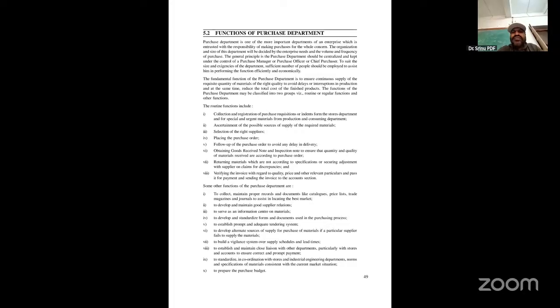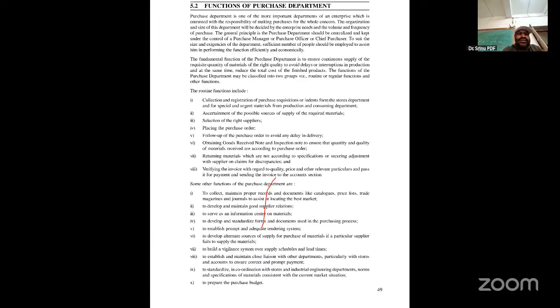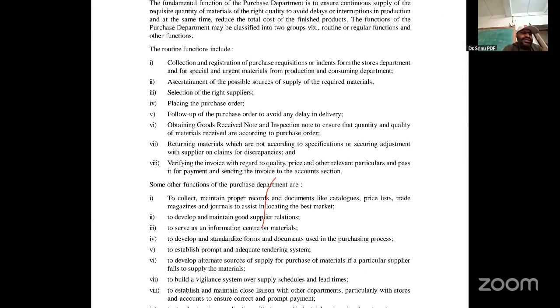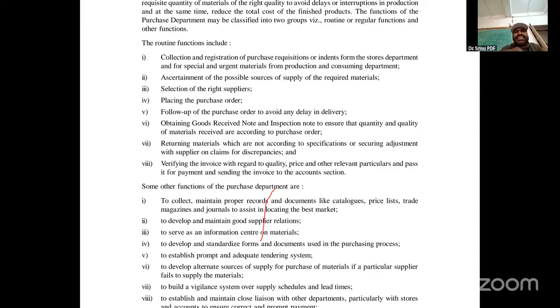Functions of the purchasing department: generally they do routine aspects. First is collection and registration of purchase requisitions and indents from the store department, special urgent material, and from the production and consuming departments.